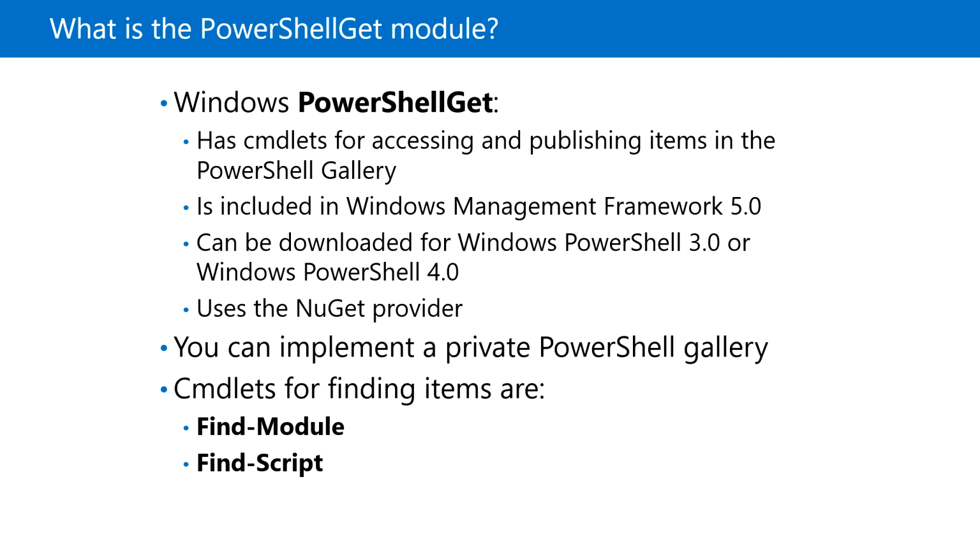That means it's included in Windows 10 and Windows Server 2016. But we can also upgrade the operating system to the 5.0 framework. But in case you cannot update, then there is an .msi installer package available for PowerShellGet, that can be used on systems with Windows PowerShell 3.0 or PowerShell 4.0.